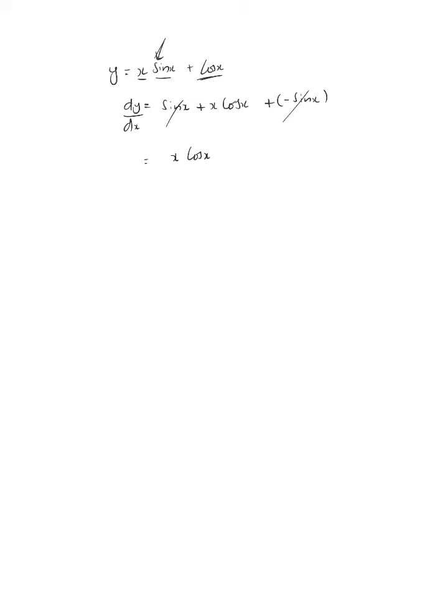So have I convinced you guys? dy over dx, so the differential of this gives us this. If you integrate that, you get this, right? So it all adds up. It makes sense, right?